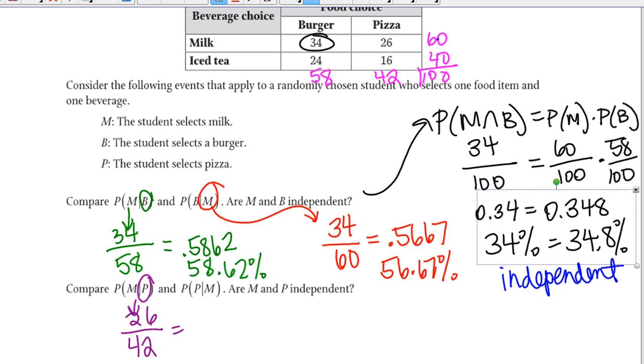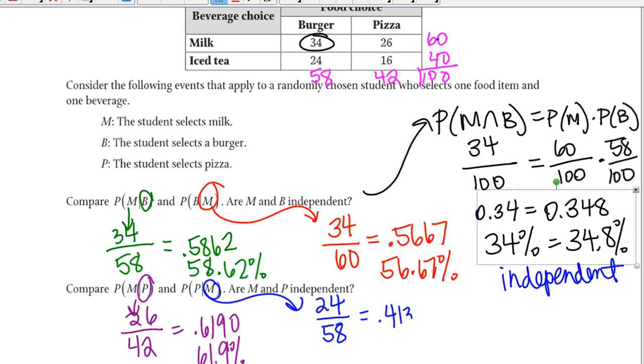So 26 divided by 42 gets me 0.6190, so 61.9%. And then if I do the other side, now my sample space is those who got milk, which is 58. Of those 58, 24 ordered pizza, which is 0.4138, so 41.38%.